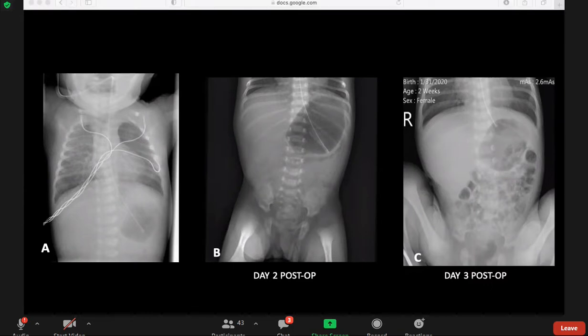And image C shows day 3 post-op, wherein the feeding tube tip is again at the proximal stomach. The stomach is now less distended and more bowel gas is now seen in both hemiabdomen.